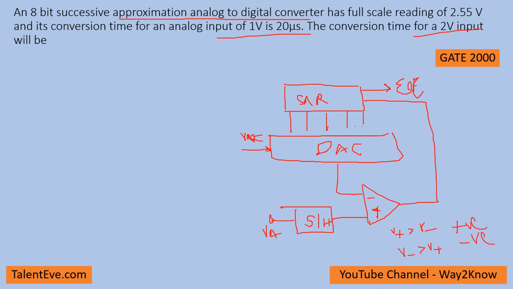Now the comparator will give output to the SAR, and what happens here is that in the SAR, every individual bit starting from the MSB will be enabled, and this digital input will be given to the DAC, and an analog voltage will be generated here. If you say this is VA plus, this is VA minus, and then this will be compared, and if the output is 1, then the 1 will be kept, otherwise it will be made 0.